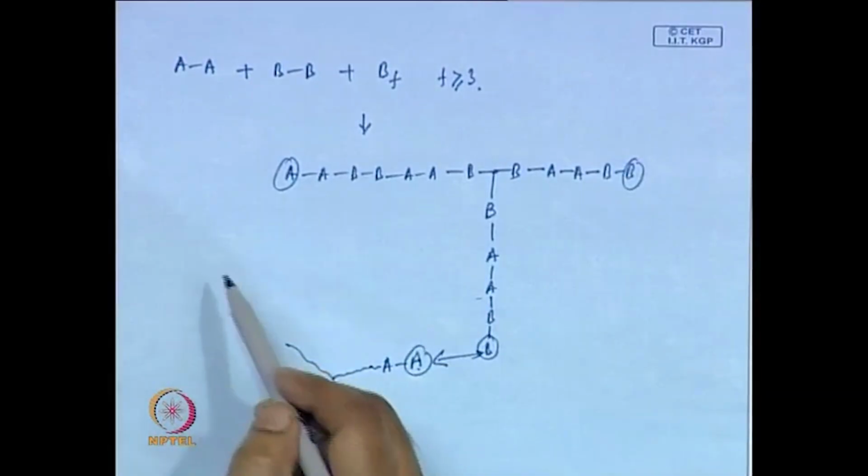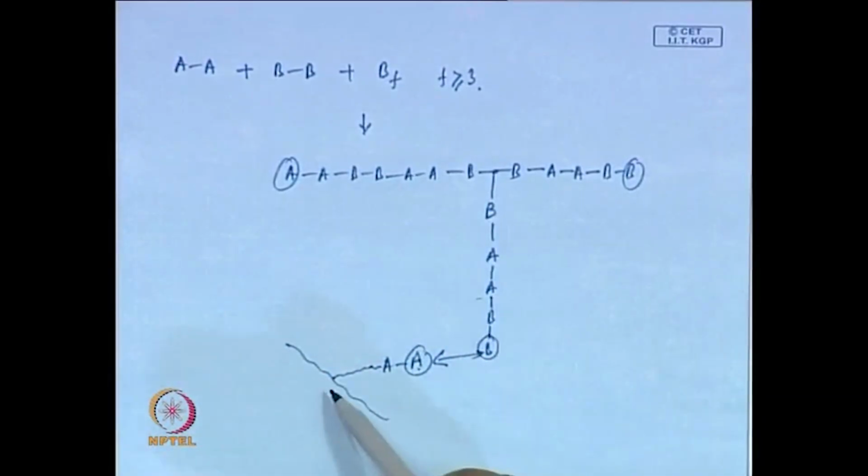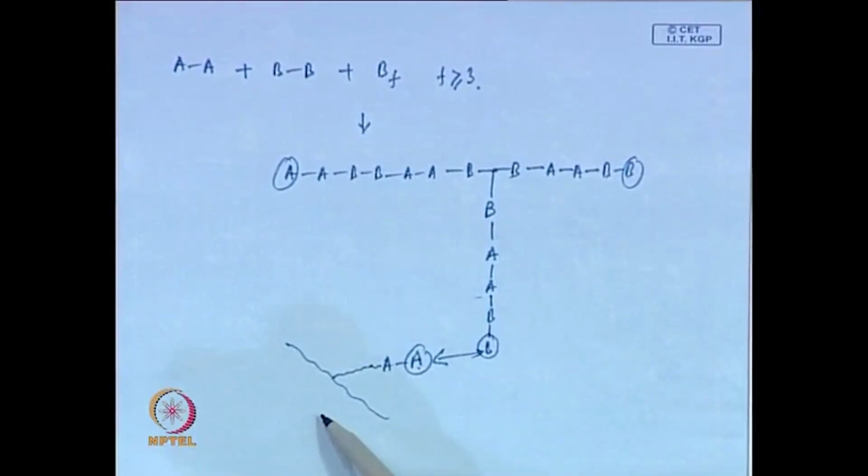In the earlier case there was no cross linking possible between two linear chains, but in this case, because functional groups of both types are present, it can undergo a cross linking reaction. What are the other types it can undergo?